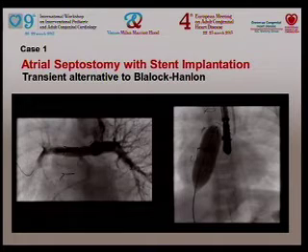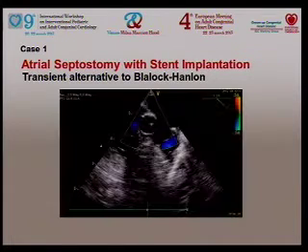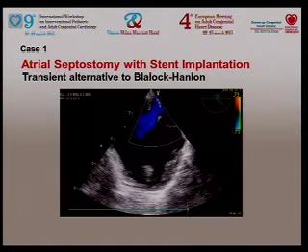On your left-hand side, you can see the stent placement in the pulmonary truncus, and on your right-hand side, you can see the inflation of a high-pressure balloon of 14 millimeters maximum across the septal defect. That's a transesophageal echocardiogram image of the balloon inflation. And this is the result afterwards, where you can see how the color mapping Doppler flow shows how the pressure gradient is much lower and how the defect is larger.